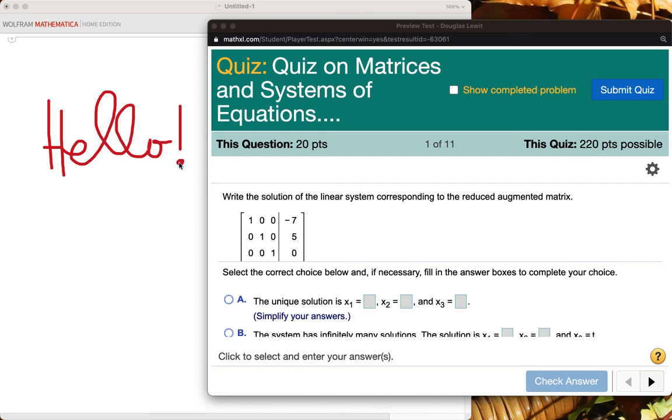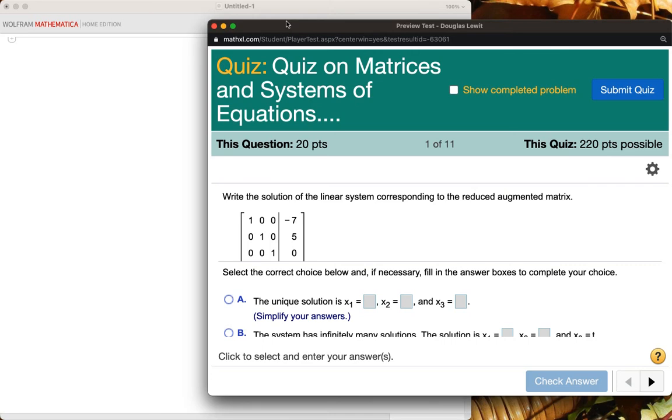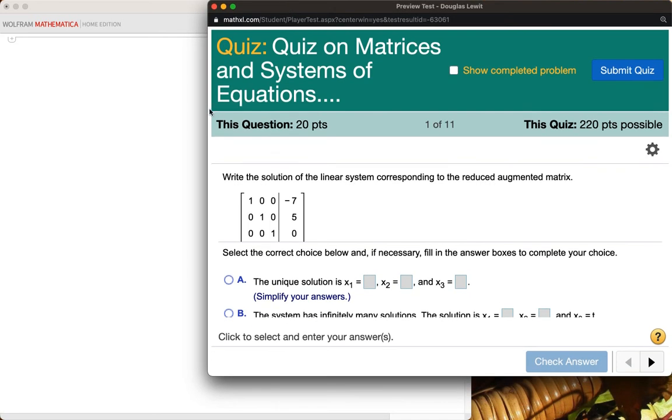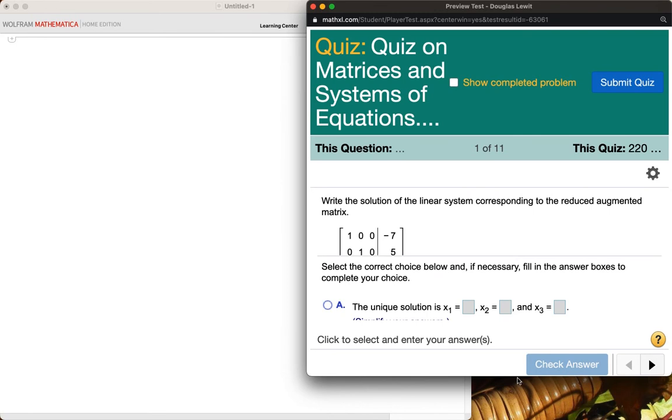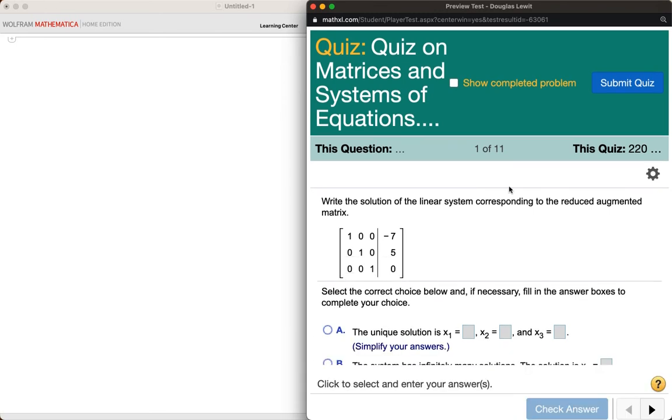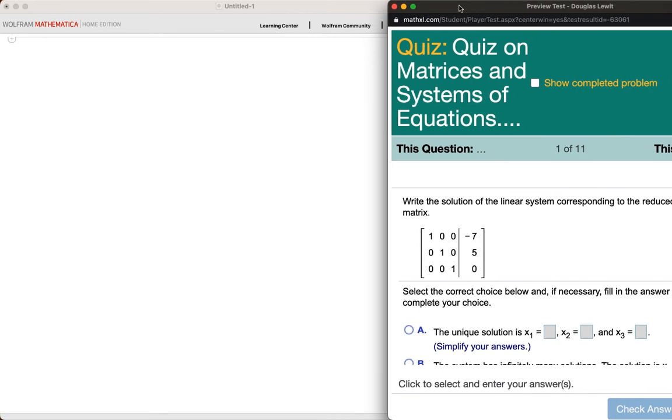Every teacher should have a marker app, especially if you're teaching from home, like we have to do right now. Okay, here's your quiz. Let me shrink this down a little bit and move this window over.